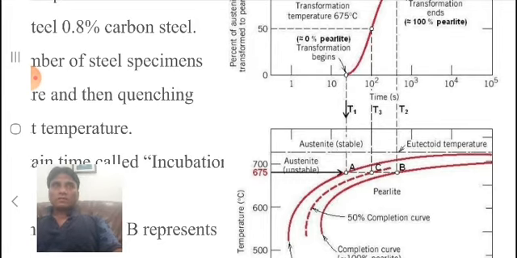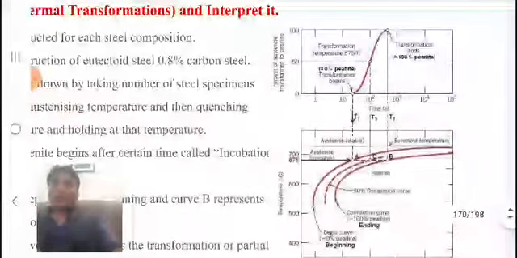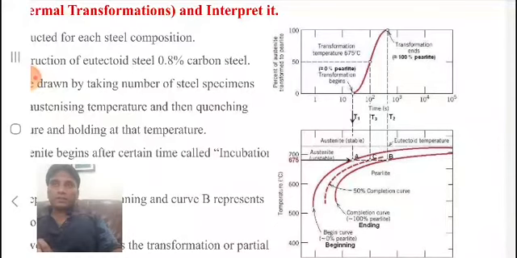Once the transformation completes, again we can quench it. It is not necessary that it has to be slow cooled even after the transformation is completed. Once the transformation is completed, again we can quench the material, but until the transformation is completed, we are not supposed to disturb the process.